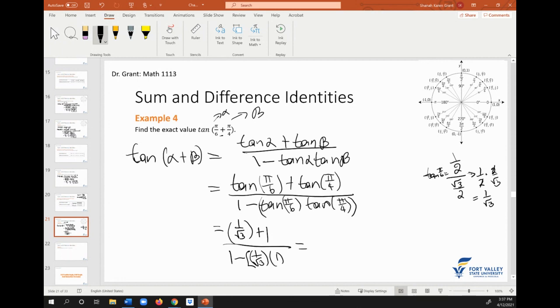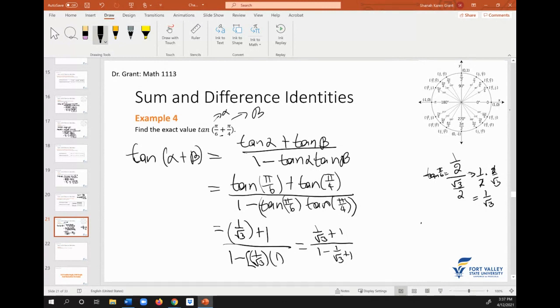So what do we have? Well, we have 1 over root 3 plus 1 divided by 1 minus 1 over root 3. So we kind of have to simplify this a little bit more.